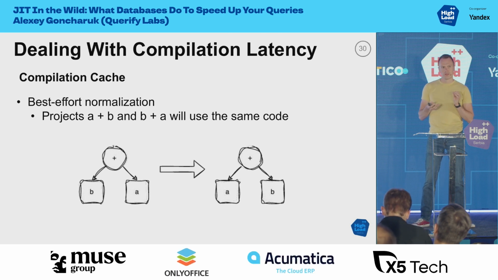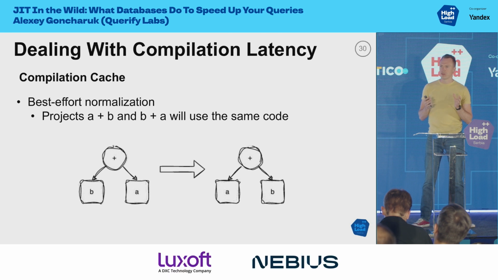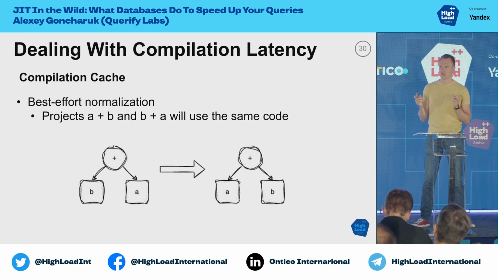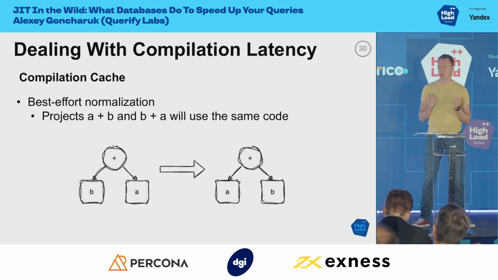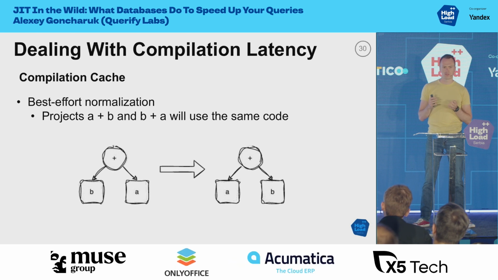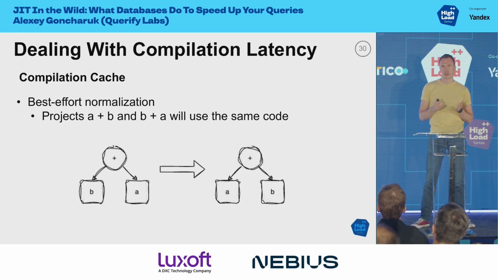It is quite a complex thing to convert every expression into some universal canonical form. But you can do some heuristic best effort normalizations, for example, sorting the arguments of commutative expressions in some way to get more reliable cache hit rates.